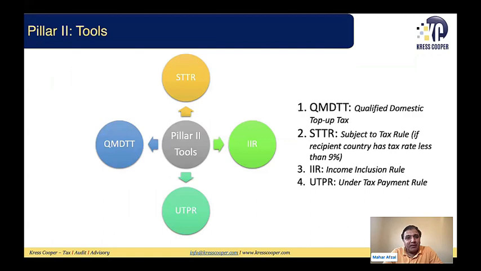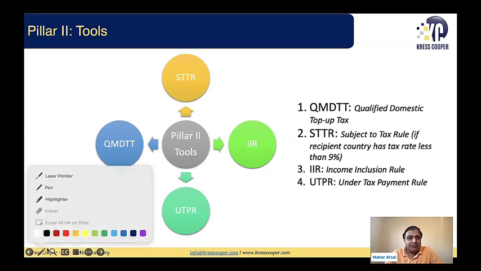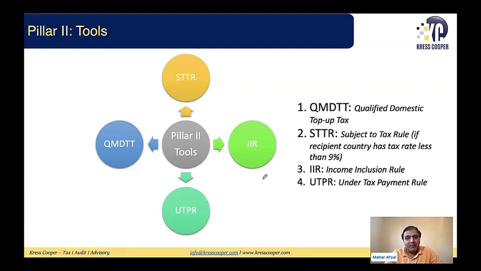This pillar 2 has four tools. The first is QDMTT. This stands for Qualified Domestic Top-Up Tax. Second one is subject to tax rule. Third one is income inclusion rule. And fourth one is undertaxed payment rule. These two are called GloBE.